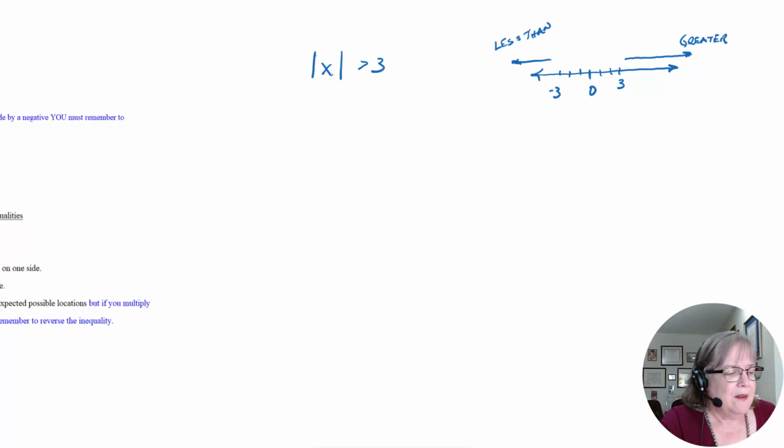So where would I find them? x is less than negative 3, or x is greater than 3. I've already got it solved for x, so this would be my answer. This is inequality form.